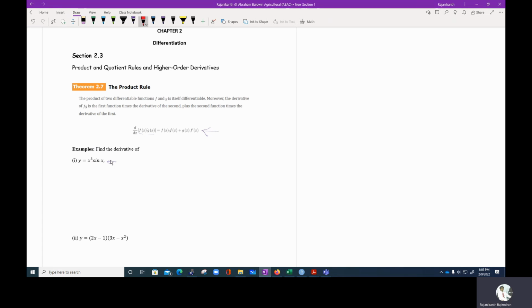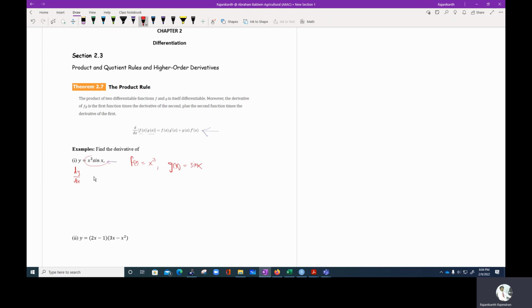Okay, so here you could think of f(x) as x cubed and g(x) as the second function, which is sin x. So the question is to find the derivative of this entire function, so we are finding dy/dx or y prime.